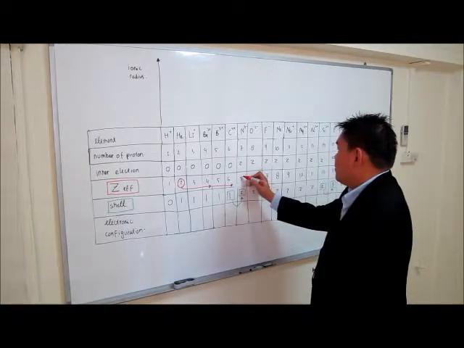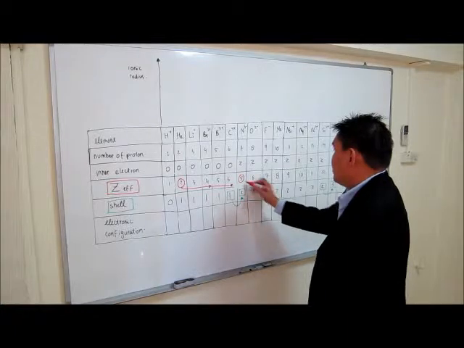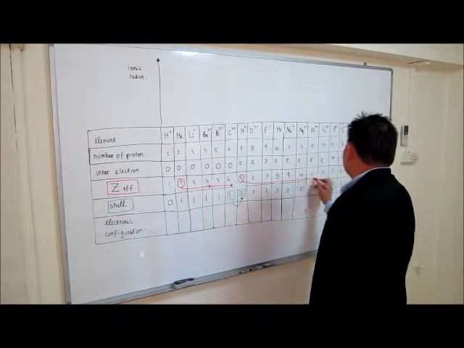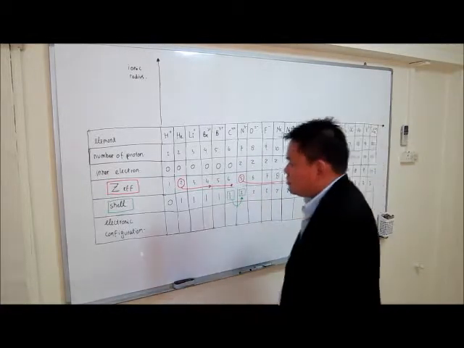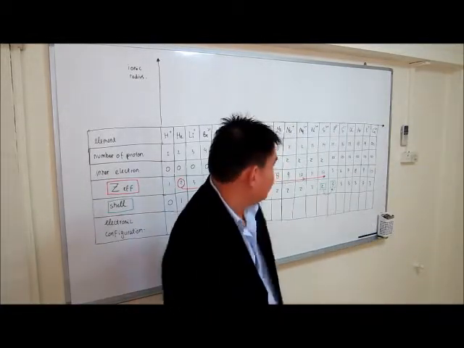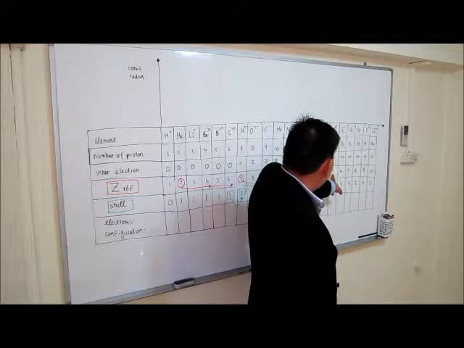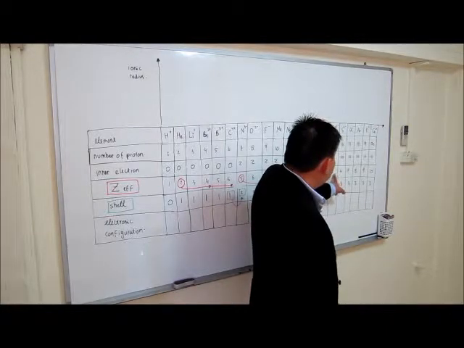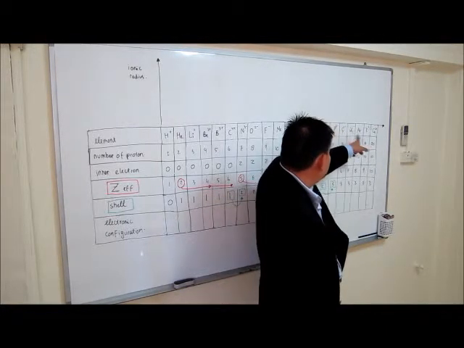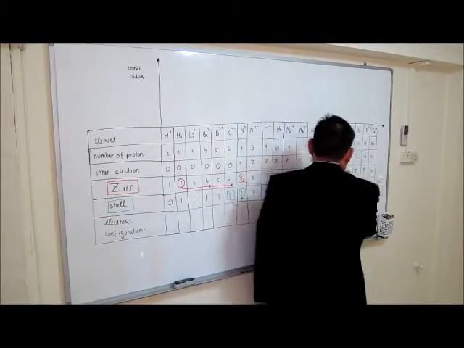Similarly, there will be a gradual decrease of ionic radius from nitrogen 3 minus to silicon 4 plus because of the increasing effective nuclear charge. And the same explanation is applicable from phosphorus 3 minus to Ca2 plus, gradual decrease.